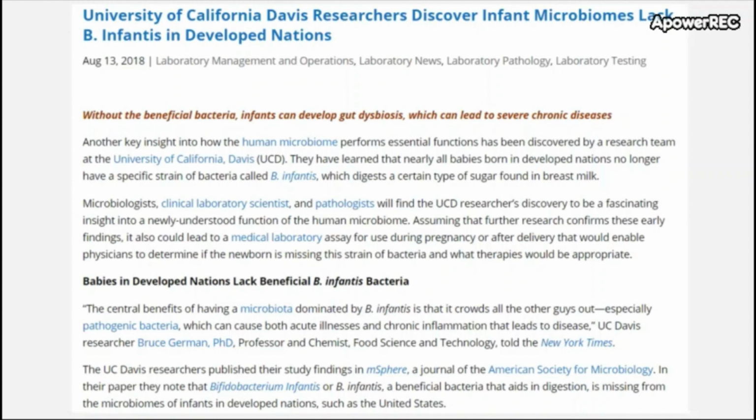This paper right here discusses Bifidobacterium infantis. It's considered a friendly bacterium in the lactic acid bacteria group, and it's been noticed to be missing in many people in developed nations. Since this bacterium aids in digestion, its absence has scientists concerned.